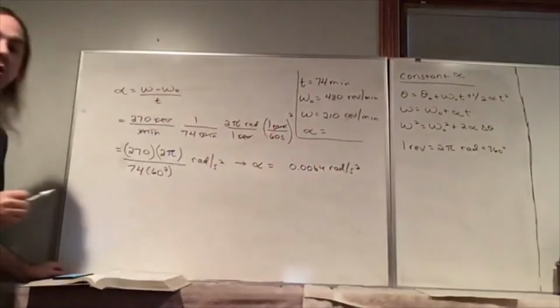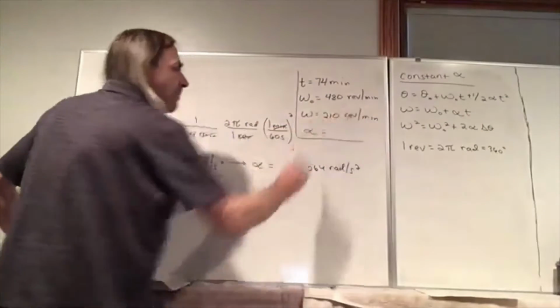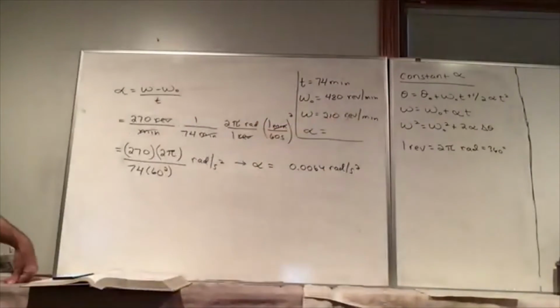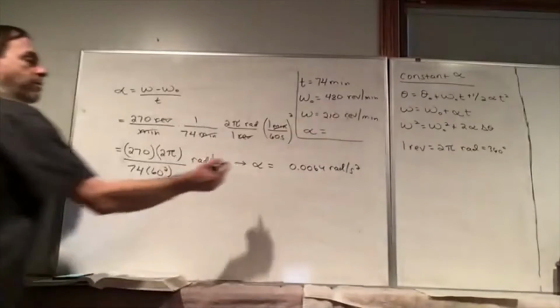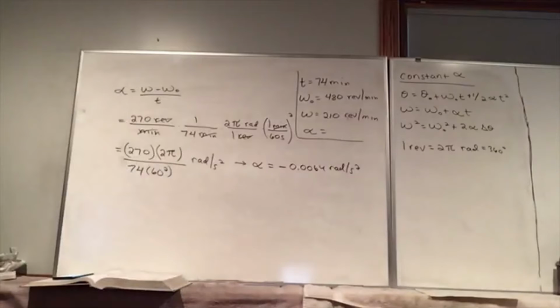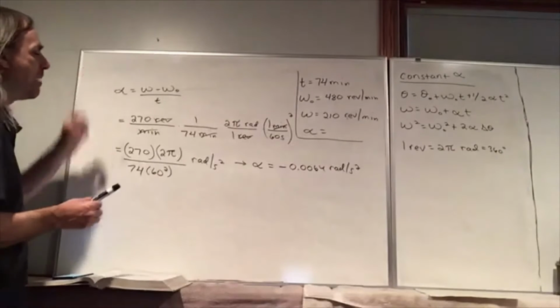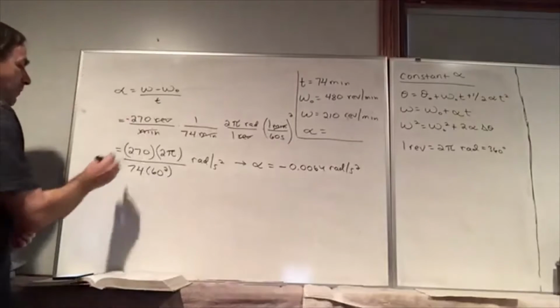Radians per second squared. Now, actually it starts out going 480, ends up at 210. So actually alpha is negative. It's slowing down. So I was kind of careless in the beginning. We have omega minus omega naught. That's negative.